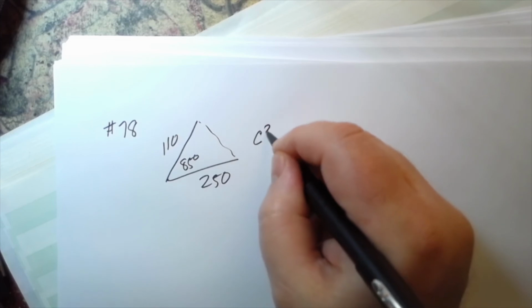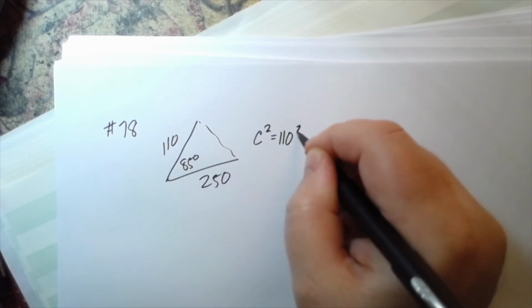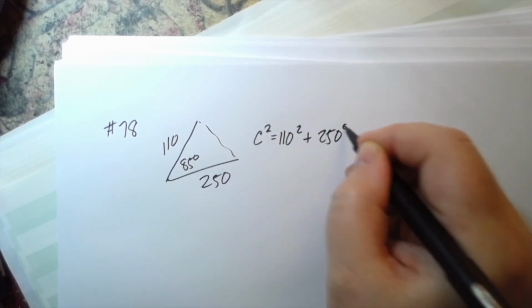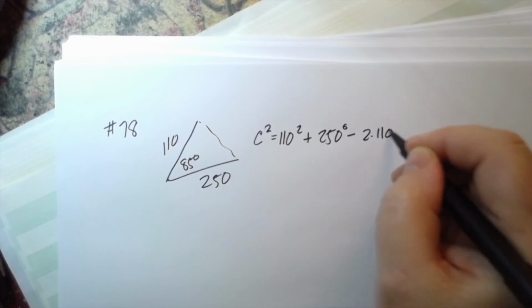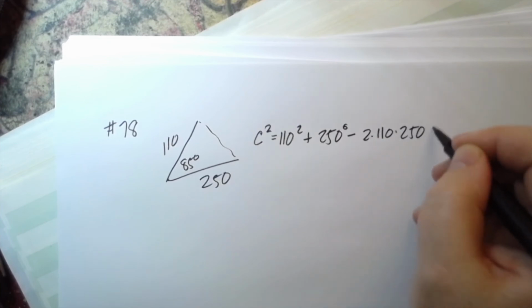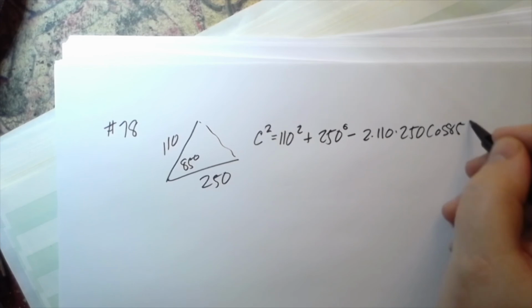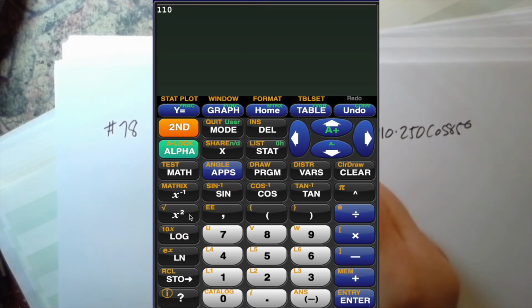So this gives me c squared is 110 squared plus 250 squared minus 2 times 110 times 250 times the cosine of 85 degrees. Oops, plus, sorry. I'm just getting ahead of myself there.